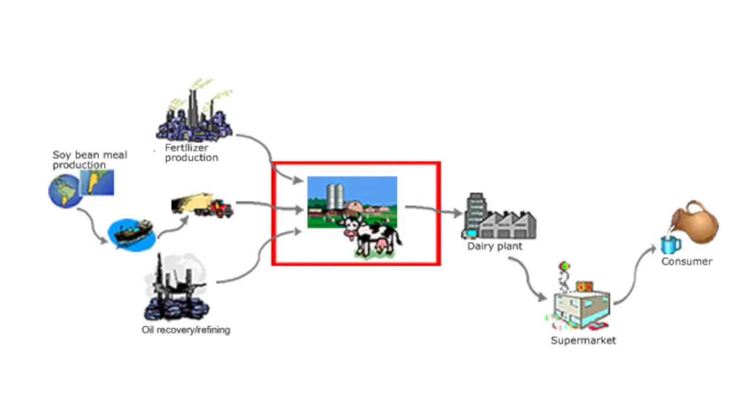And then we also need to consider the energy that is required to run this fabric, or this place where the milk is extracted from the cows. For this area, we may also need fertilizer, or other inputs to the system to maintain the livestock.